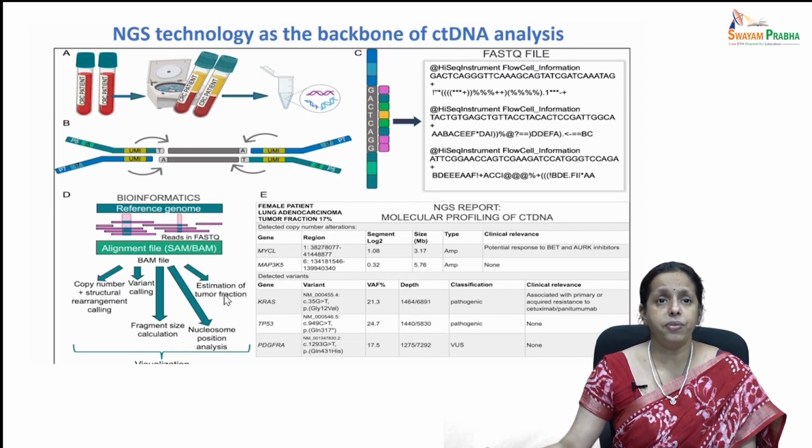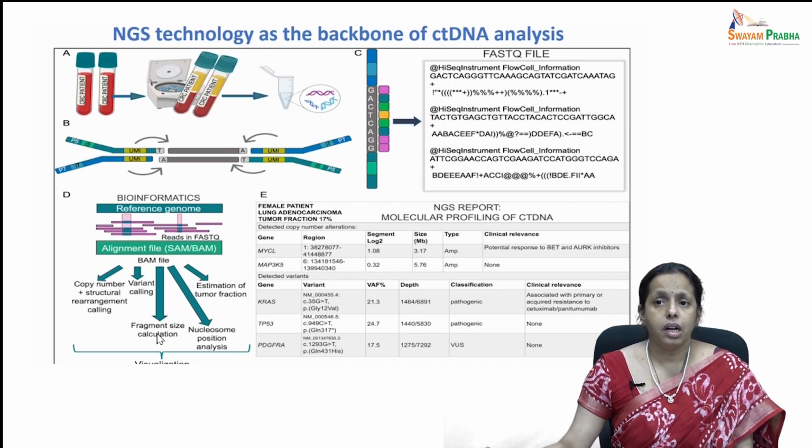The BAM alignment file also serves as the core data for diverse downstream analysis, for example calling of your SNAs or variants, estimation of your tumor fraction from your plasma, and calculation of the fragment size distributions or nucleosome mappings.